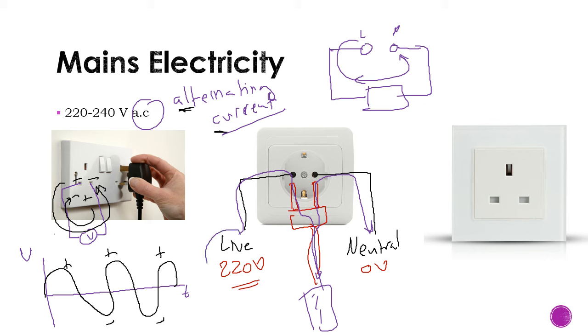So at home we do not call them positive and negative, we just call them live and neutral. When electricians install things, the live and neutral sides don't matter, because either way the current direction changes. Okay.